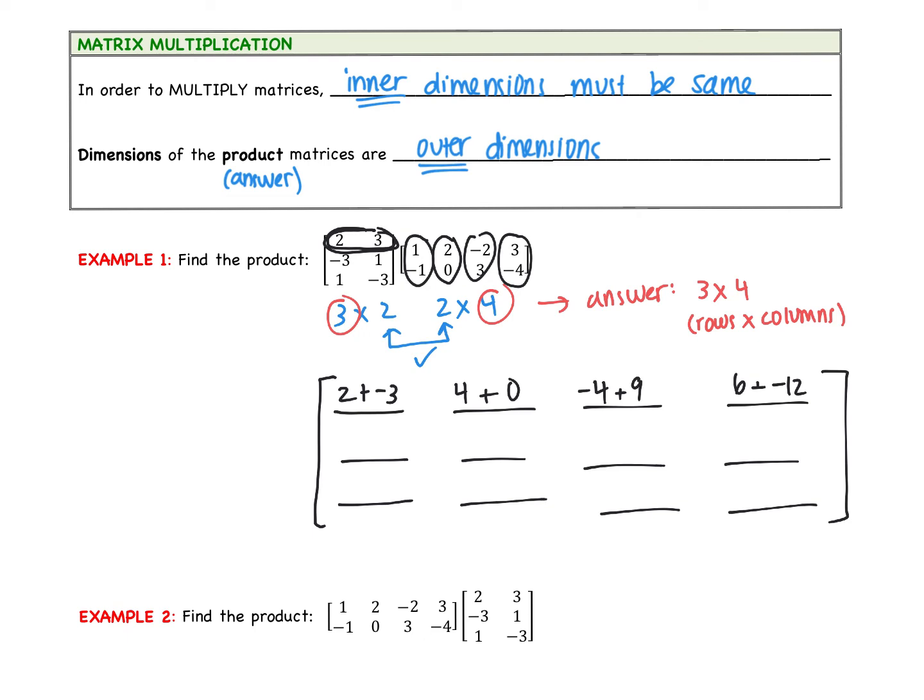Now I do that same thing all over again, but with this second row now. So second row, first column. So -3 times 1 will give me -3. Second element times second element, so 1 times -1 is -1, and I add them together.